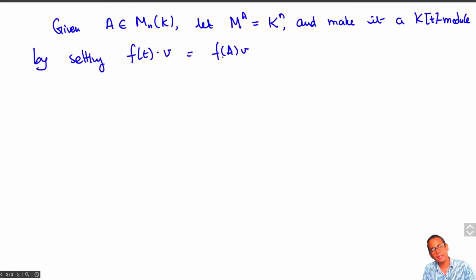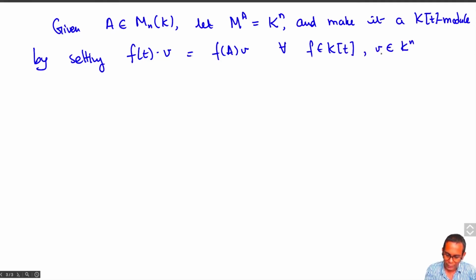So f is a polynomial with coefficients in K, you substitute for the variable t the matrix A and evaluate it. You will get an n by n matrix, and you can multiply it on the right by any vector v thought of as a column vector.